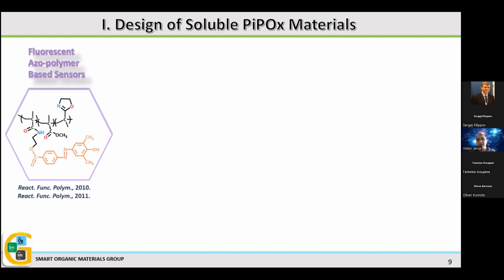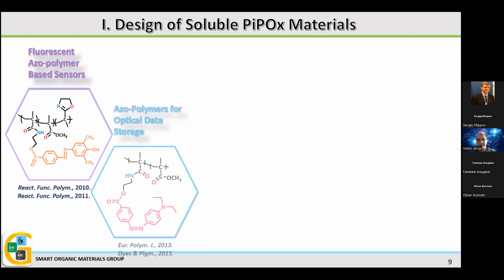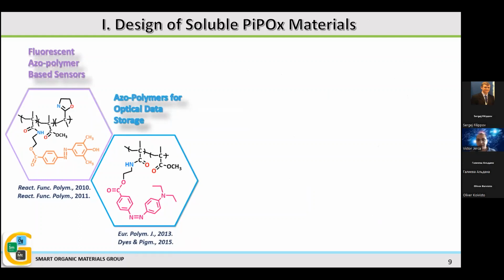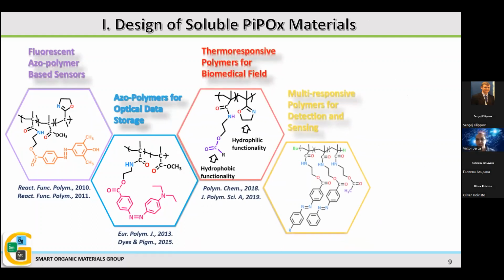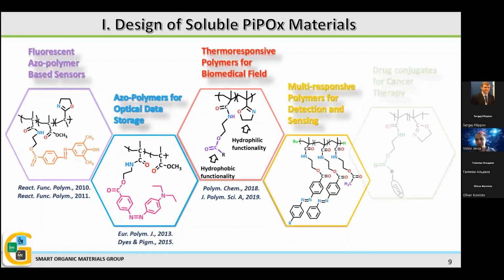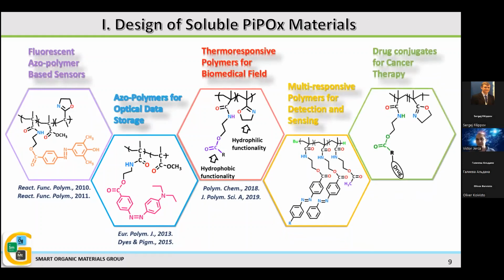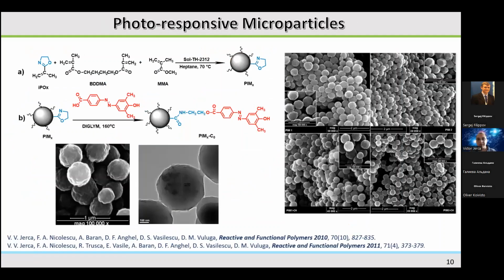So what we have been able to obtain until now are fluorescent azopolymer-based sensors, azopolymers for optical data storage, thermoresponsive polymers for the biomedical field, multi-responsive polymers for detection and sensing, and a very recent drug conjugate for cancer therapy. But we'll only be talking about a few of them.